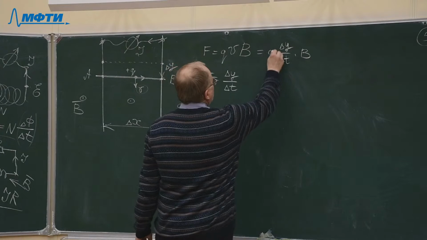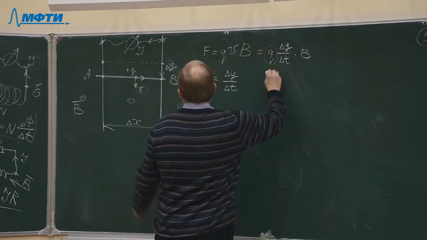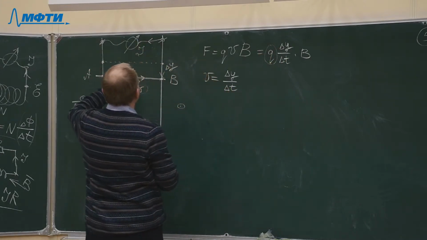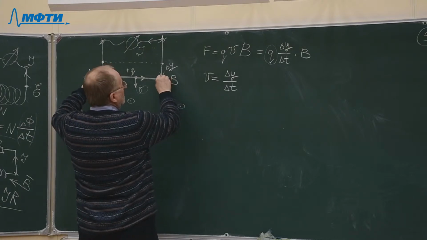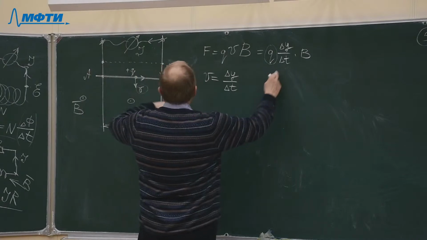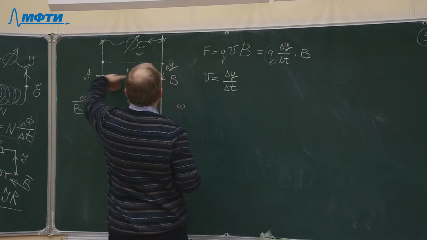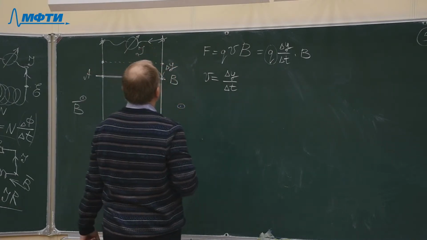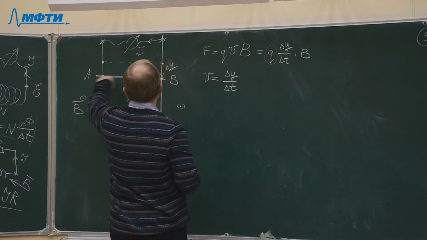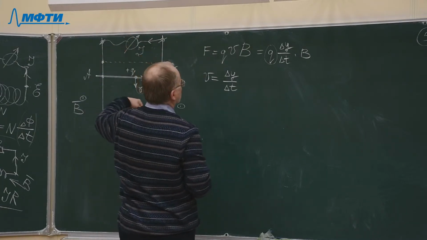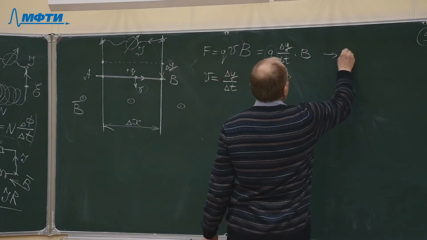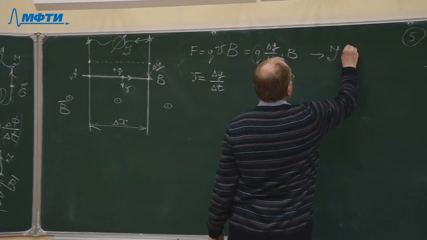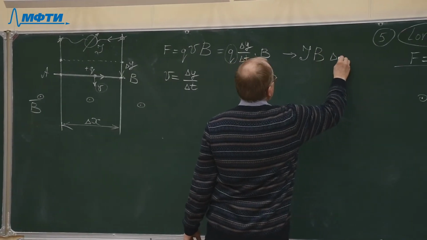So the current in this rod is defined by the total charge divided by delta t, because the total charge will go through this cross section of the wire in time delta t. That will lead us to conclude that this is a total current B delta y.